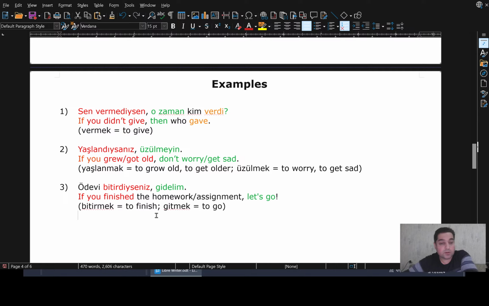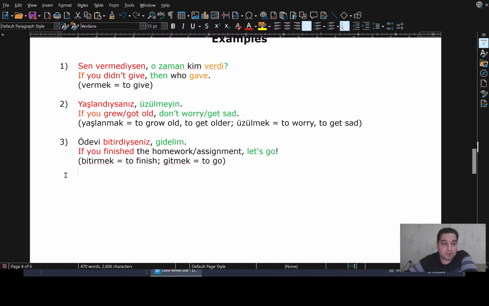We can go. Let's go. You see, we talk here about the finalized action, if we are wondering if something has already been done or not. It's not a hypothetical or a dreaming case. "Ödevi bitirdiyseniz gidelim." If you have done your homework already, then let's go.